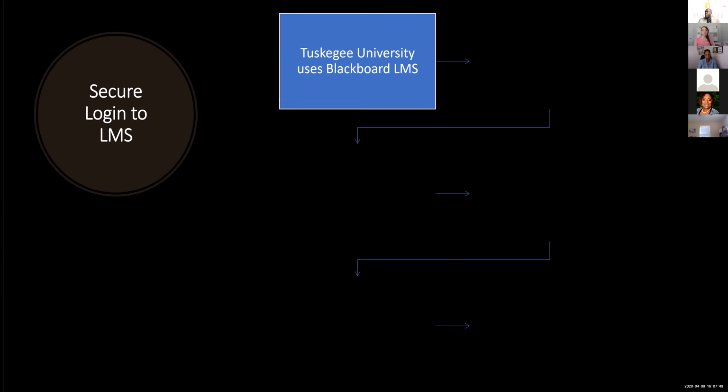And this learning management system also enables us to comply with the Family Educational Rights and Privacy Act, which requires that sensitive student information shouldn't be disclosed without the consent of the students.